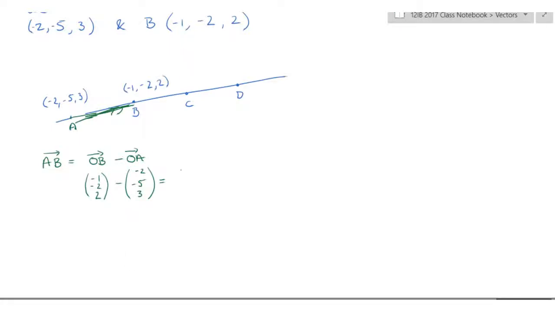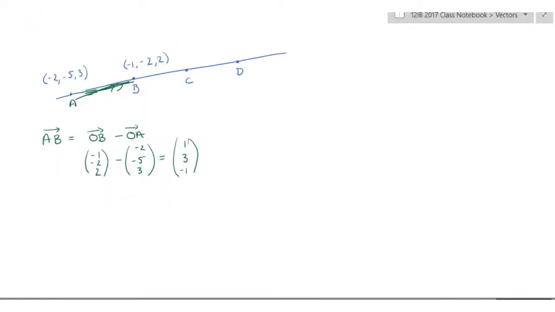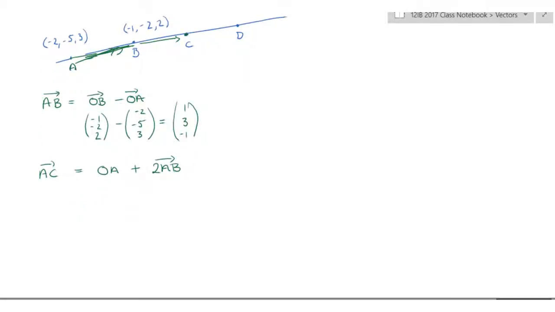So if we subtract them, we get 1, 3 and -1. So that's our vector AB.